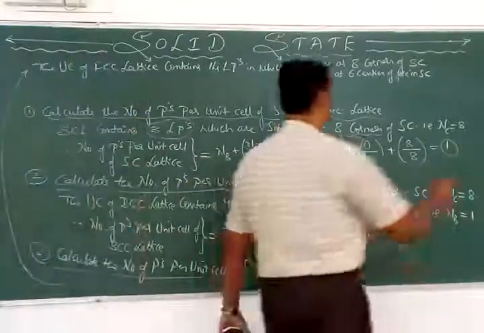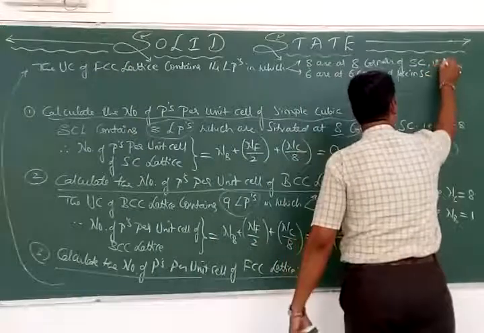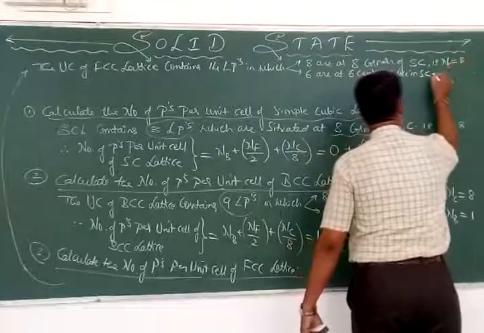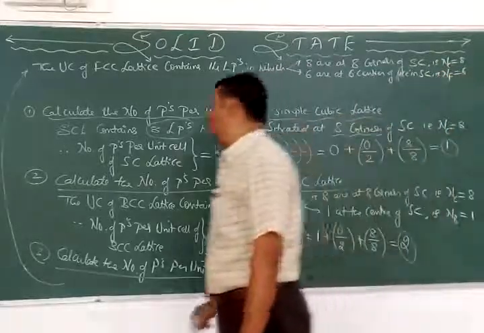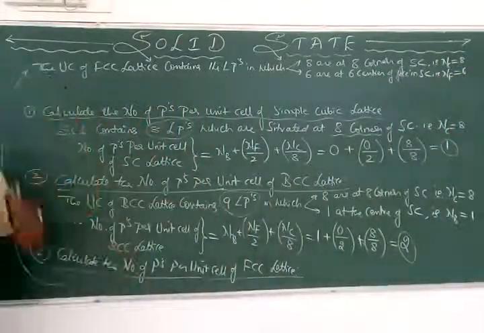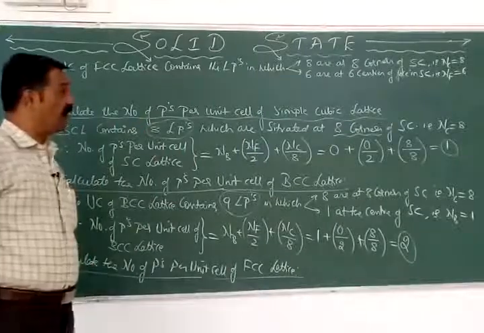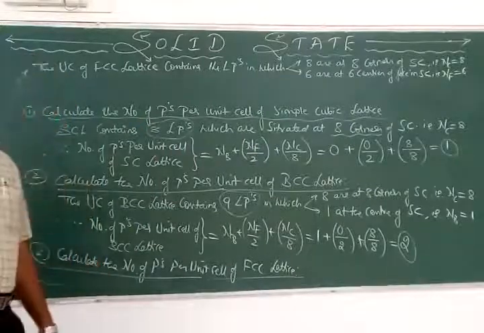That is, NC is equal to 8, NF is equal to 6. What is NC here? The number of corner particles is 8, and the number of face-centered particles is just 6.